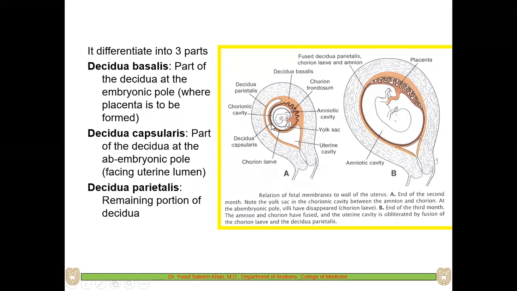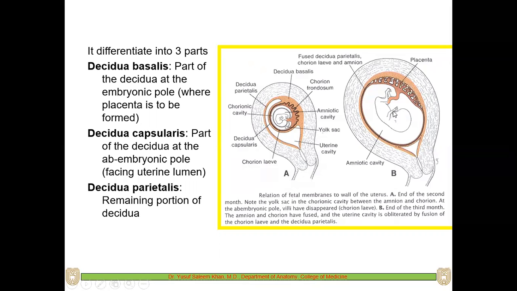And the remaining portion of the decidua, where it is not implanted, is called the decidua parietalis. So decidua basalis is where the embryo is implanted, decidua capsularis covers the implanted embryo, and the remaining part is the decidua parietalis.